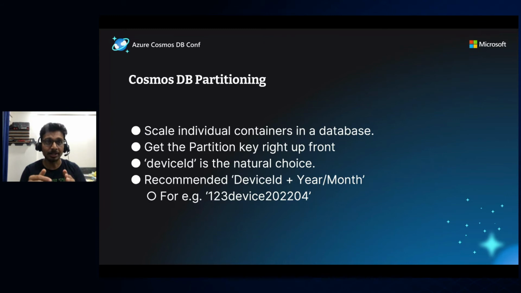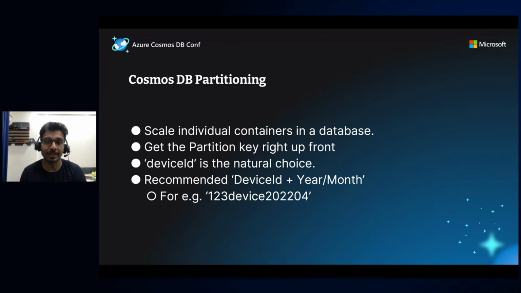There's always a limitation with each logical partition, which is 20 GB for now. So if you have a device telemetry cadence at 5 seconds, we may fill that partition sooner, probably in a year, depending again on your document size. Another, better recommended approach to choose the right partition key is to have a composite key.